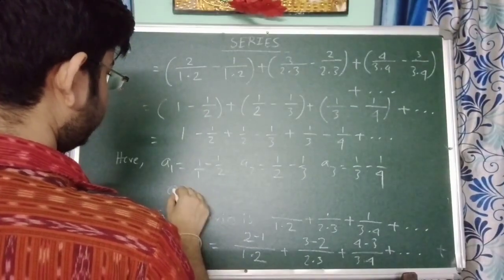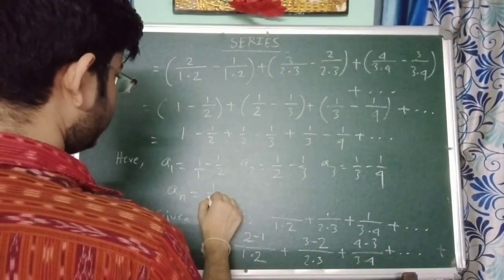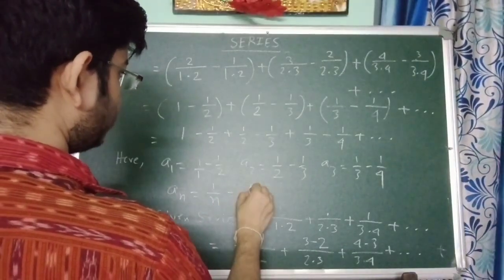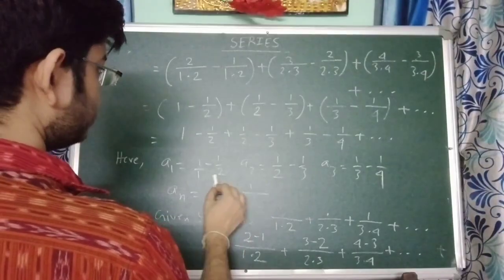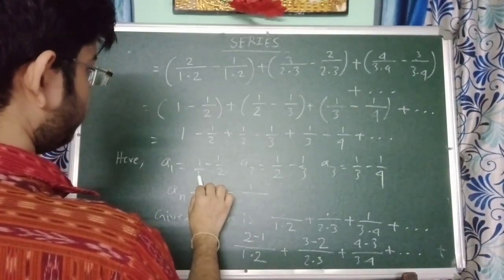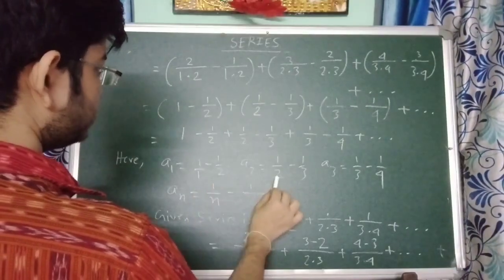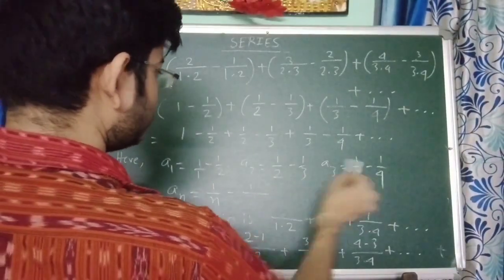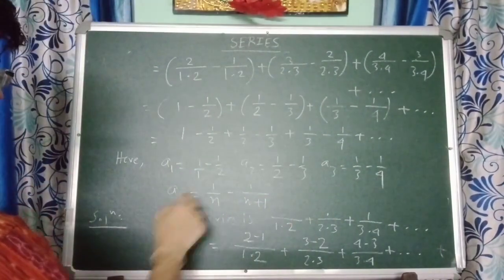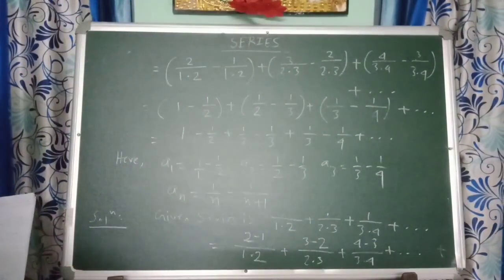So An starts from 1 by n, and the next quantity is just one more, n plus 1. This is the nth quantity.